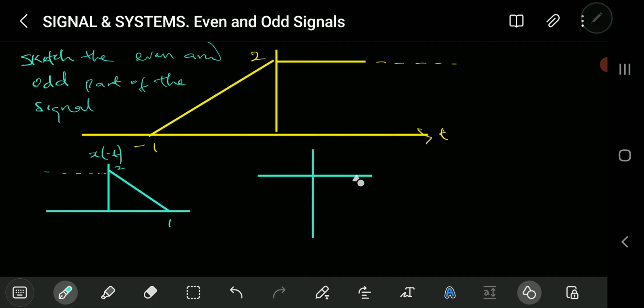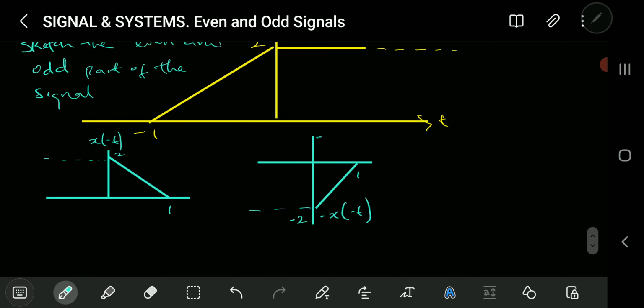So we are going to be having something like this. Here is going to be minus 2, and this is going to be 1. And here, let's write it: minus x of minus t.